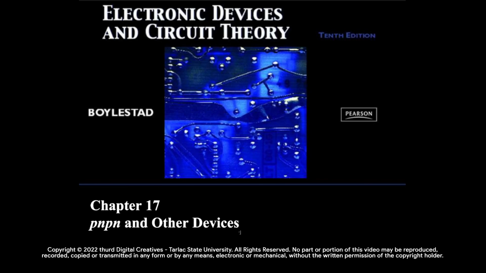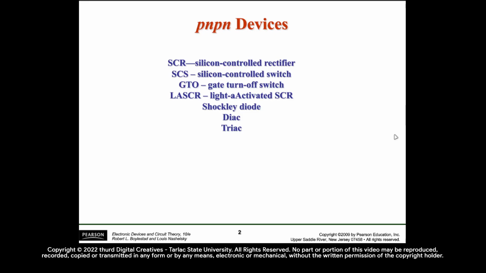This will include the silicon control rectifier, we call that SCR, silicon control switch, which is the SCS, GTO, gate turn off switch, which is another type of thyristor, LASCR, which is light activated SCR, Schottky diode, diac, and triac.